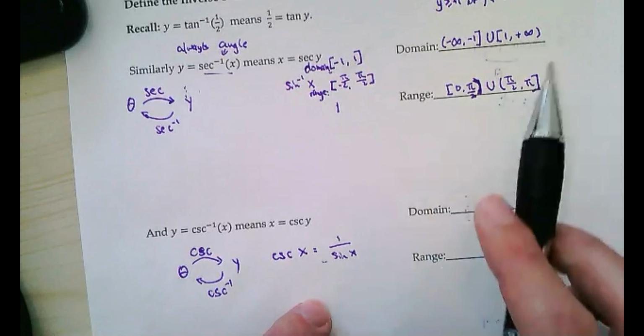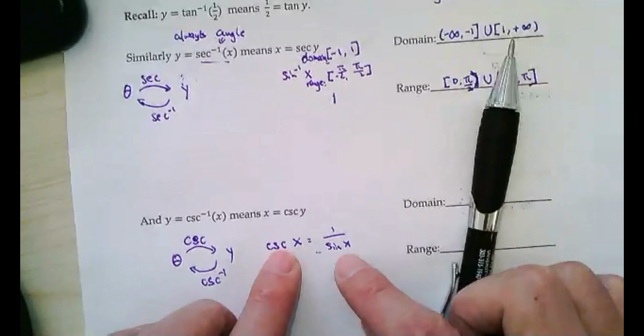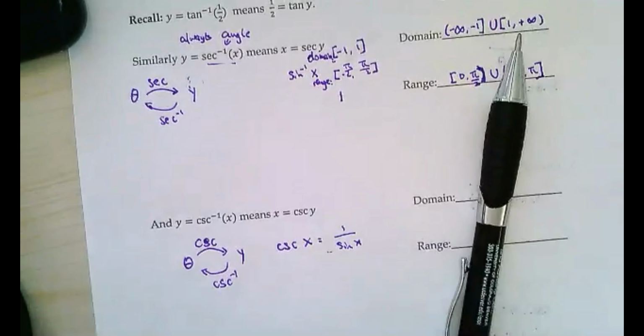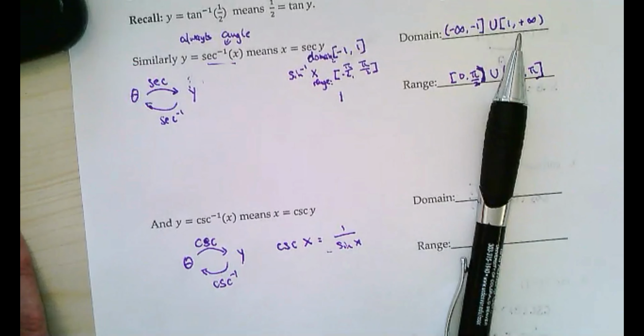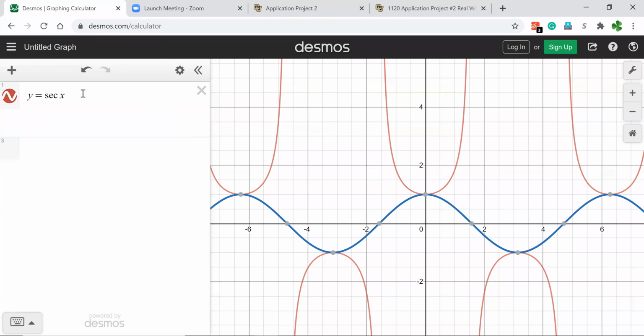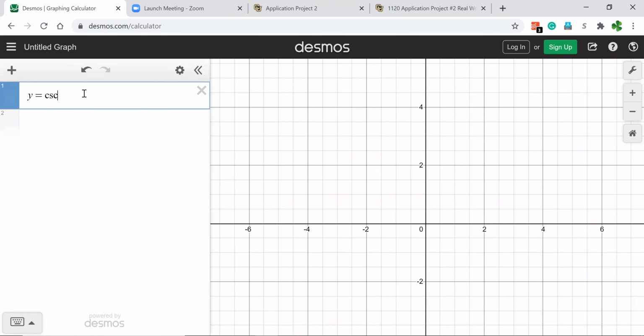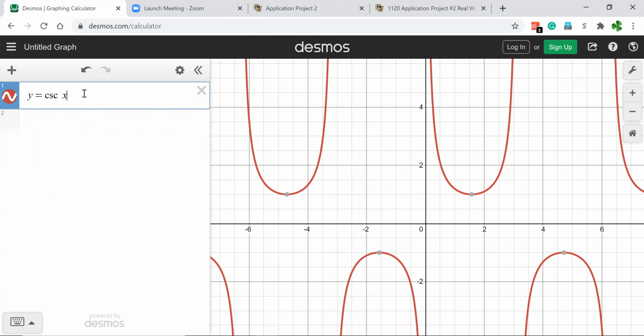Before doing that, again, let's repeat the same process. Let's see the graph of the cosecant function. Wow, this is very, very similar to the secant function. So right now, the y values can take values greater than or equal to 1 or smaller than or equal to negative 1. This is the cosecant function.